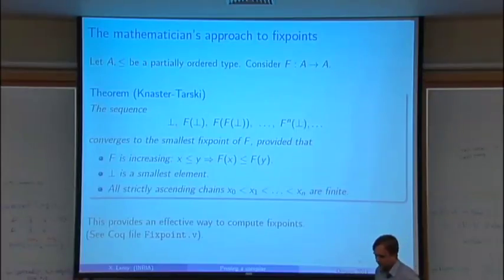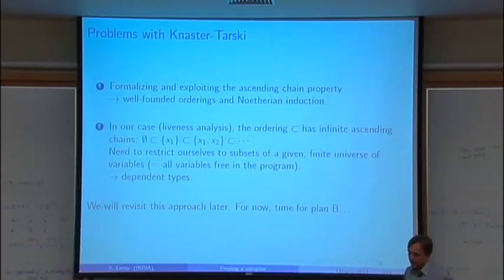It is beautiful. It is very interesting to program in Coq. However, it is rather difficult, because you have to formalize and exploit this ascending chain property, and that gives rise to well-founded orderings and Noetherian induction. In our case, liveness analysis, our ordering is strict inclusion between finite sets, but it does not obviously have the chain condition.